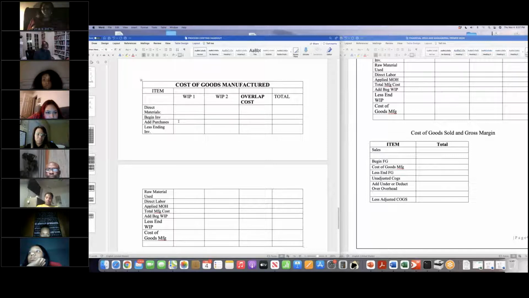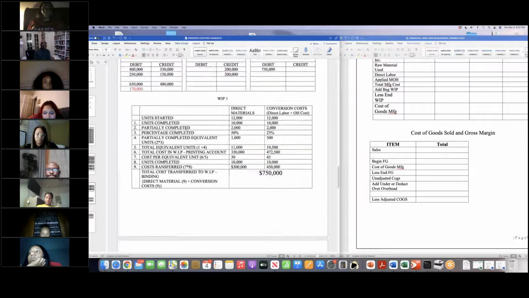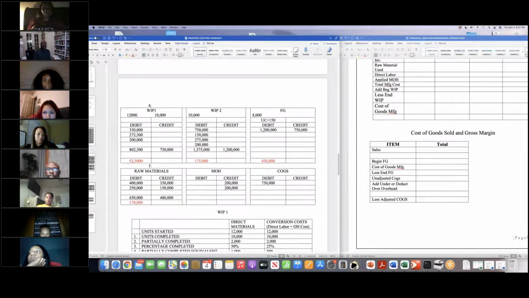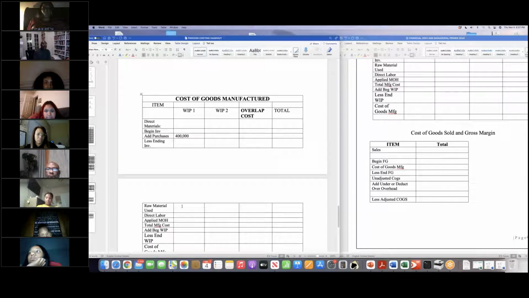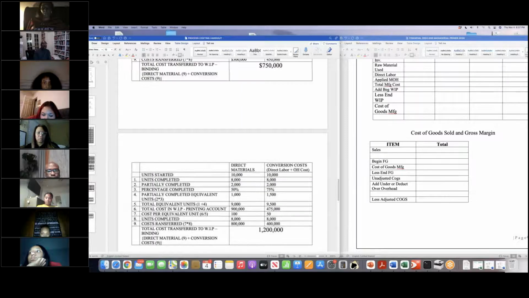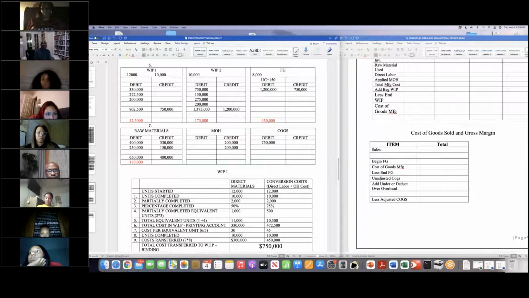We purchased 400 and we transferred in 330. And so 70,000 must have still been in inventory. And so we can go in this T account and get these other 2 numbers.